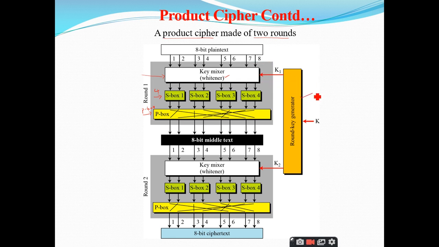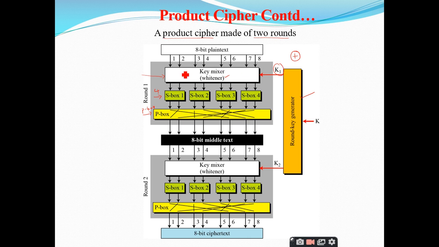So we have 8 bits of plain text, and you can see here a key generator which generates the key for each and every round, right. K1 is generated and passed as an input to the key mixer. So this 8-bit plain text is mixed with K1. Mixing is nothing but an XOR operation.